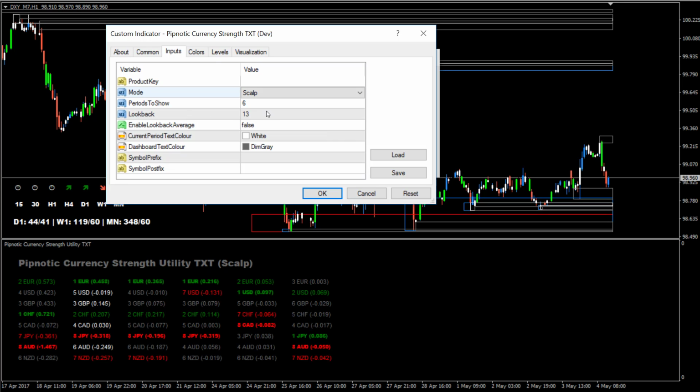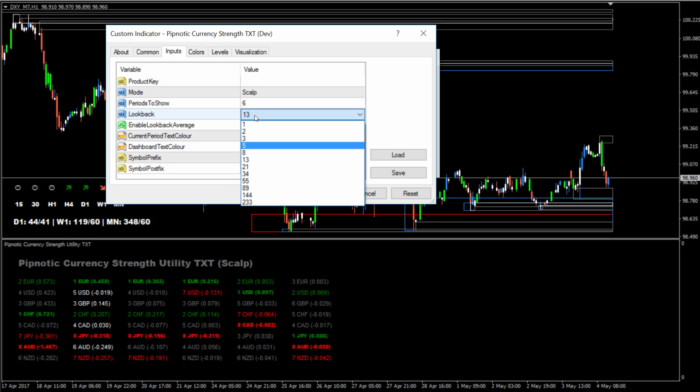Then we have the look back, and this one really confuses a lot of people. A lot of people spend too much time trying to find the magic combination, and I receive emails saying, okay, I found that if I put it on 7, then it works good, but if I put it on 13, like you say, then it doesn't work, or something else. There isn't a magic combination, so really avoid trying to find one.